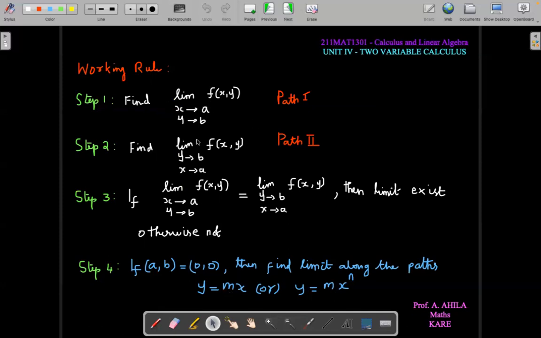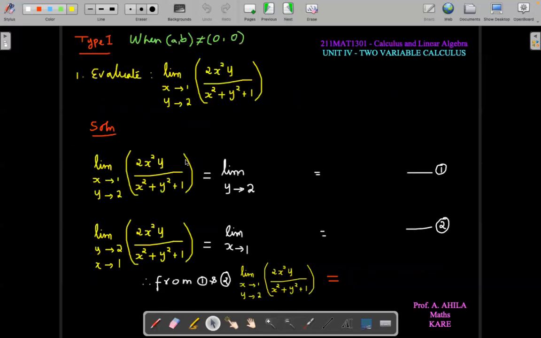Remember, if the point a comma b is not the origin point, we can stop with these two steps. So first we see a comma b not equal to 0 comma 0. We have to find the limit along one path and another path. If the limits are the same, then we say the limit exists. If not, the limit does not exist.